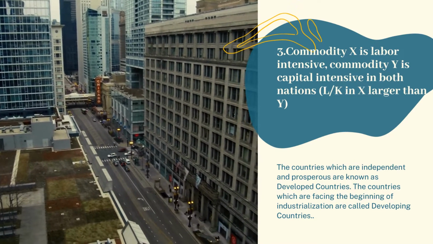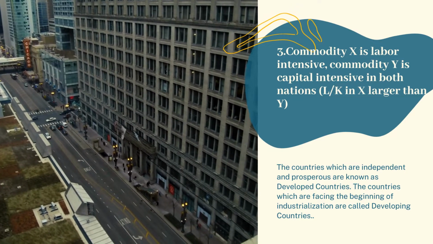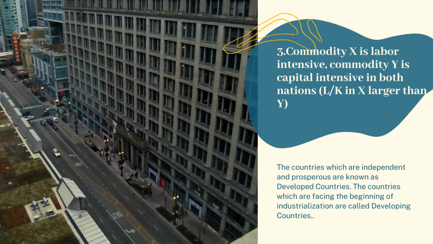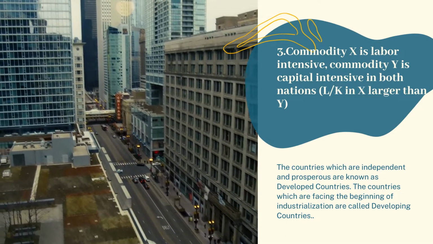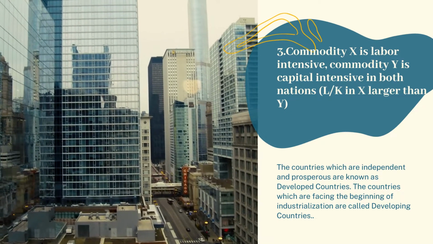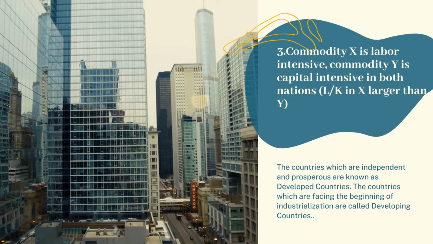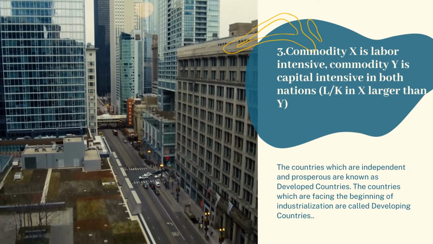This theory is based on the idea that the countries in the world will be divided into two types: developed countries and developing countries. Developed countries are more independent and wealthier. A country facing the beginning stage of industrialization is called a developing country.